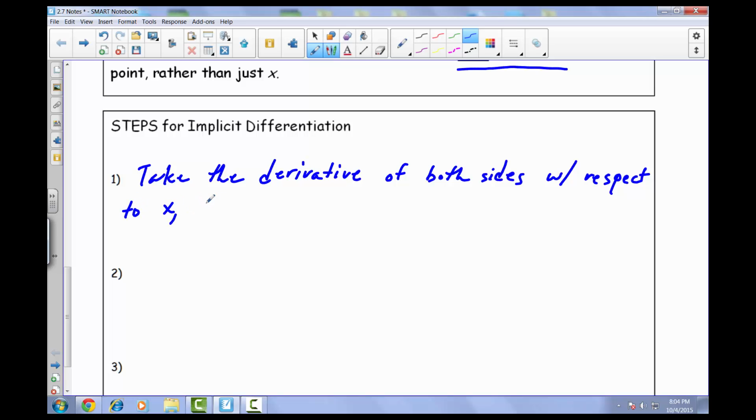And then you're going to be treating y as a differentiable function of x.